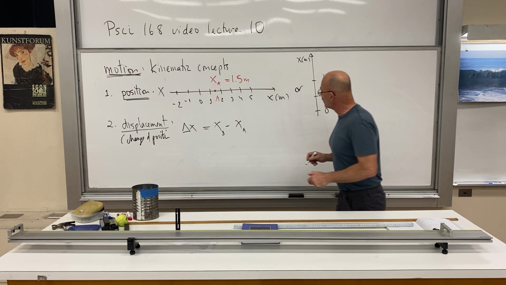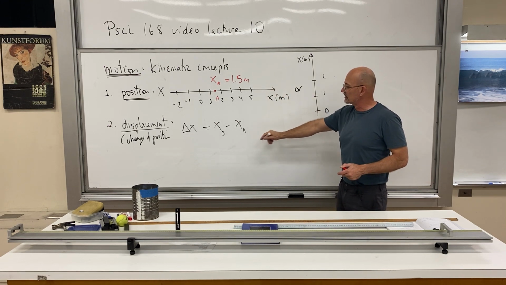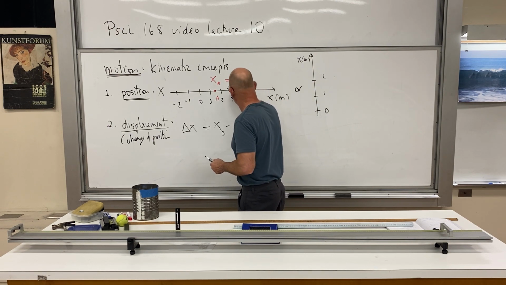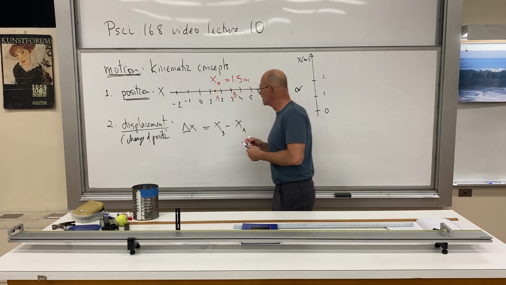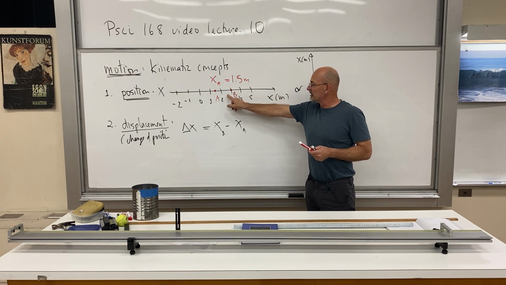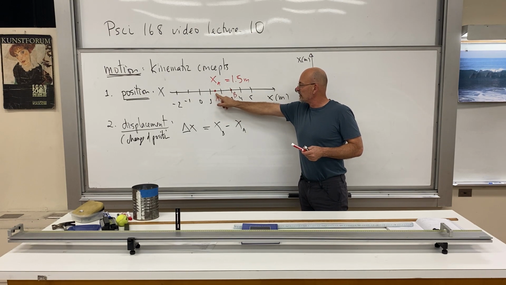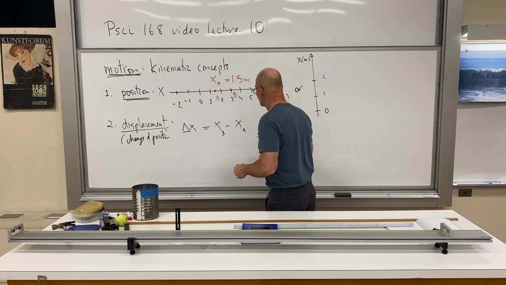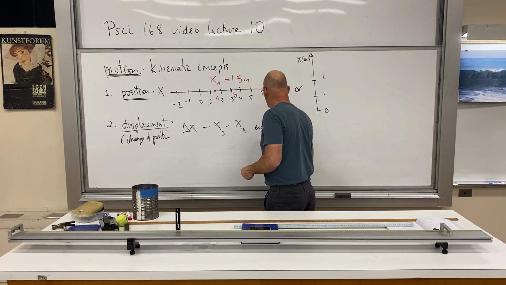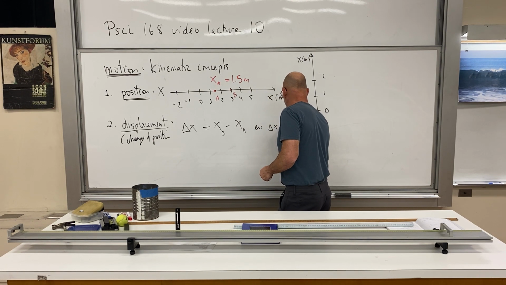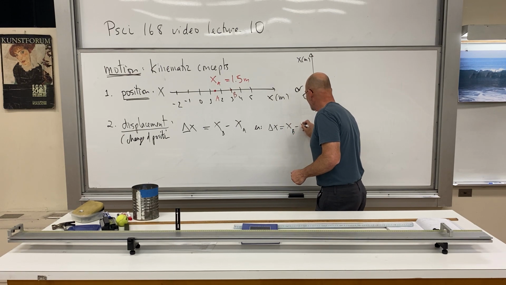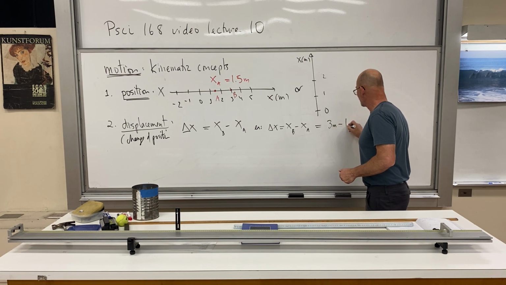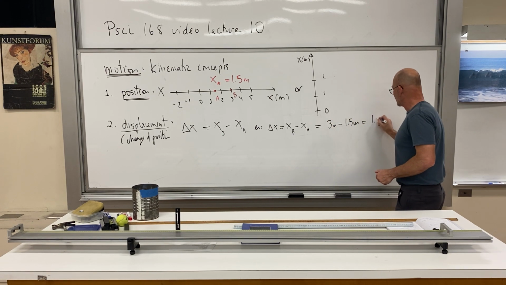And this displacement is also going to be measured in meters, because if I move to the right, let's do this. This is B. So I put the B at 3 meters, and I had the x of A, the A at the 1.5 meters. So my example, delta x equals xb minus xa equals 3 meters minus 1.5 meters, 1.5 meters.